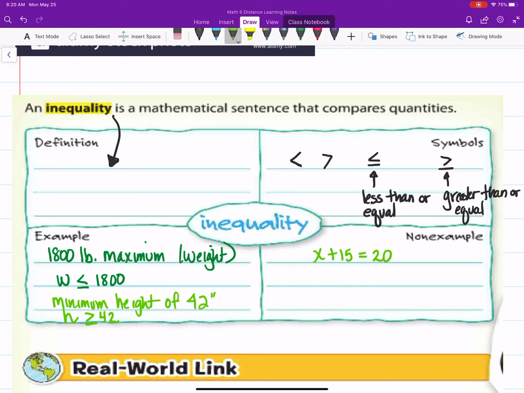That means there's absolutely only one number that can be the value of x in this situation. If I solve using my one-step equations, x must be equal to 5. So this is a non-example because this is an equation where x is one solution or equal to one solution, whereas in an inequality, the variable is equal to multiple solutions and sometimes an infinite number of solutions.